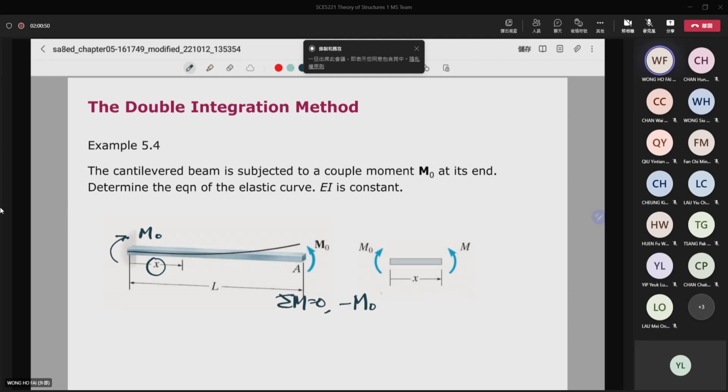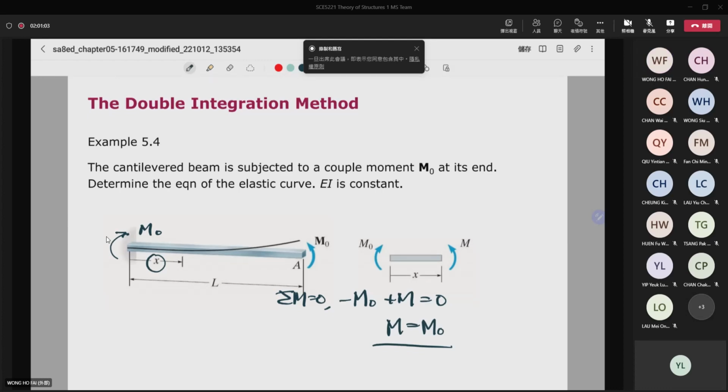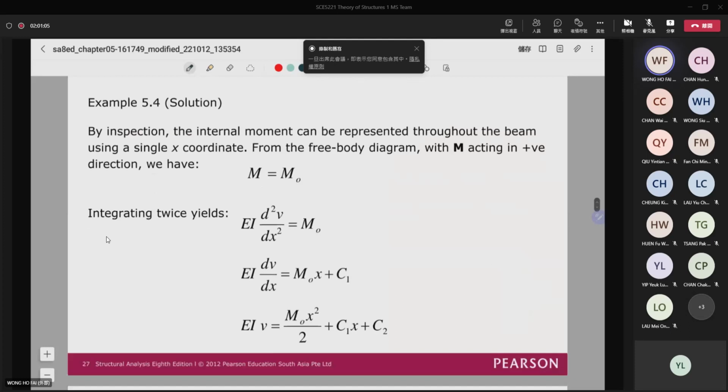Negative M0 plus M is equal to 0. So the moment equation is M equal to M0.